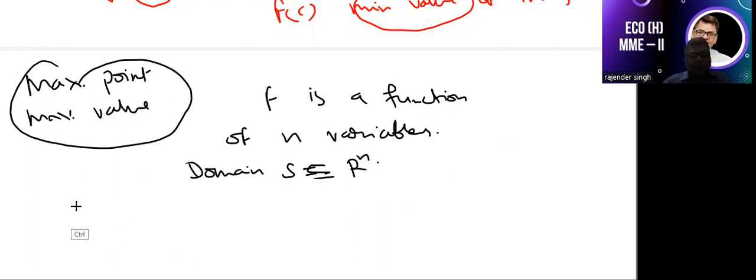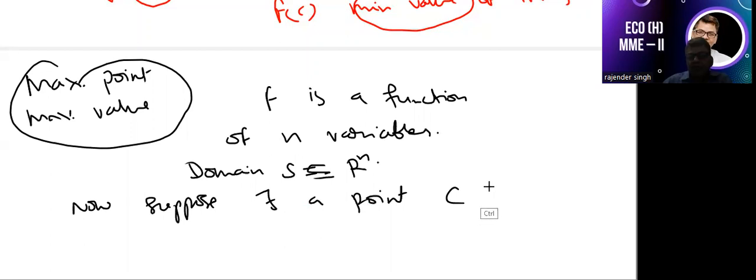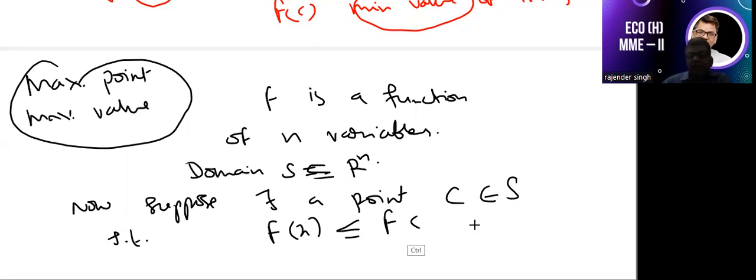Now suppose there exists a point c belonging to set S such that f of x is always less than or equal to f of c for all values of x.